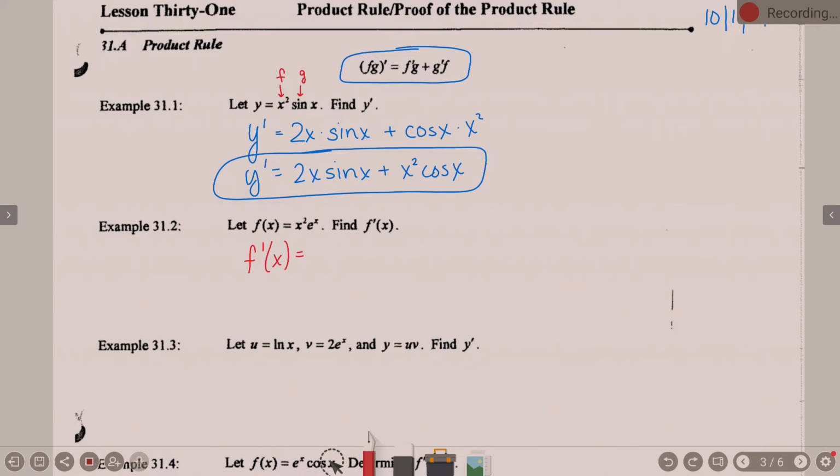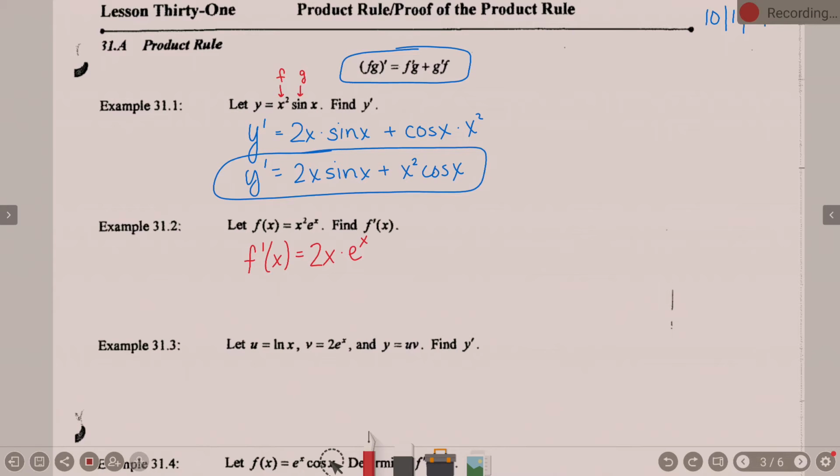So f prime of x would just be 2x e to the x plus x squared e to the x. That's a really fast version, but yes. The key is, are you all caught up, or are you still trying to process? If we go derivative of the first, so derivative of x squared is 2x. Keep the e to the x.